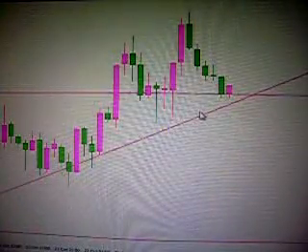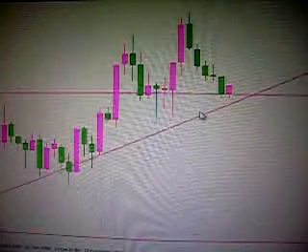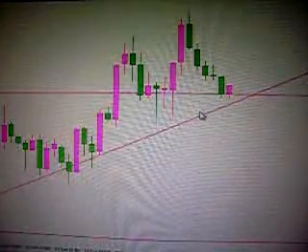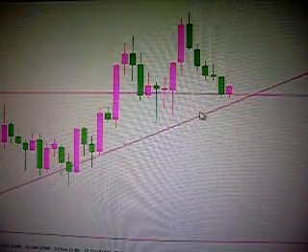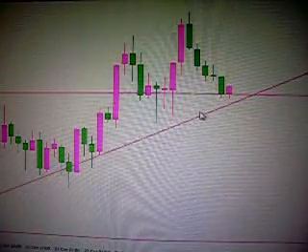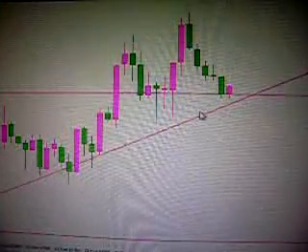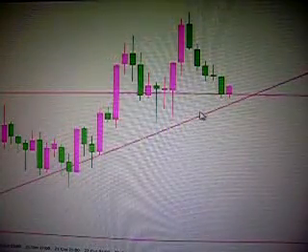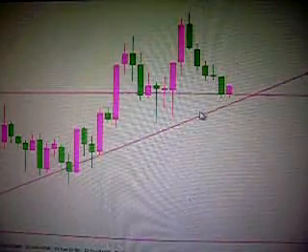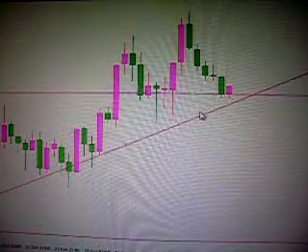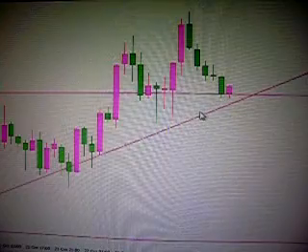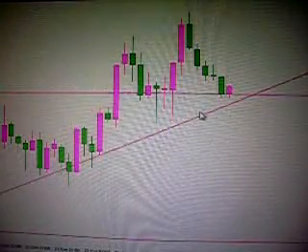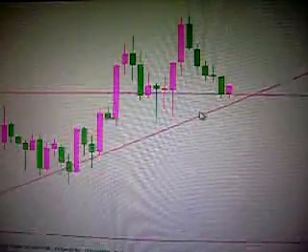I go to my 4-hour chart to see if I'm showing strength or weakness. Did I say that right? If I'm showing weakness, I look for an opportunity to go long. And if I'm showing strength, then I look for an opportunity to go short.